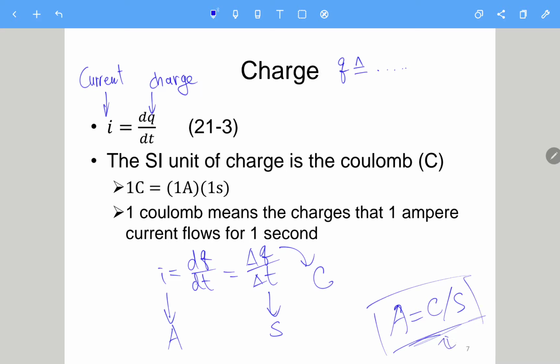But if you forget the SI unit in an exam, you can write something like this to remind yourself. Ampere is actually Coulomb per second.